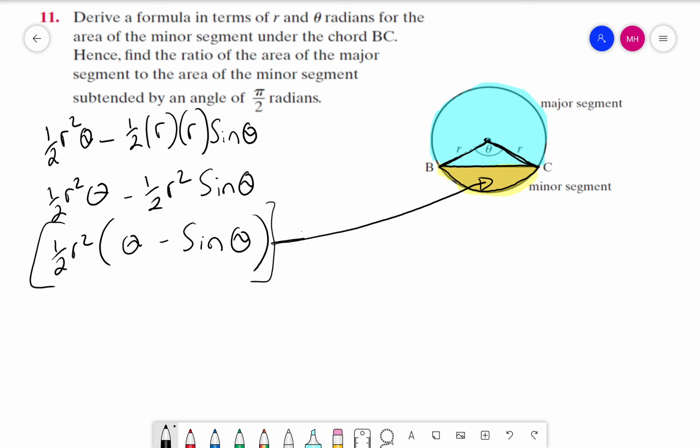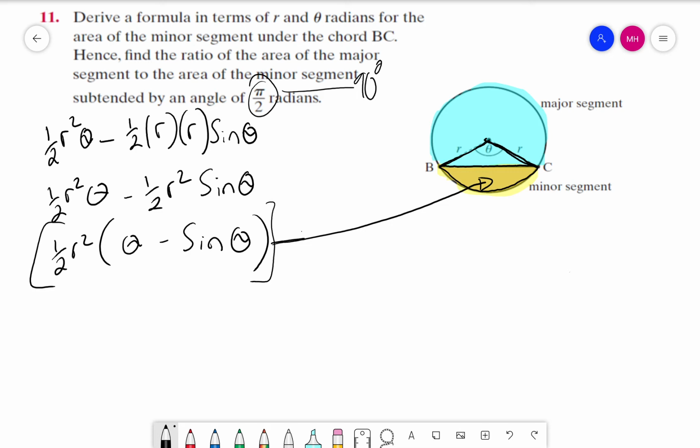Find the ratio of the major segment to the area of the minor segment, subtended by an angle. So now we're told that this angle is 90 degrees. But we'll stick with using it with radians here, it's probably handier. This angle here was 90 degrees. What's the ratio of the blue to the yellow?